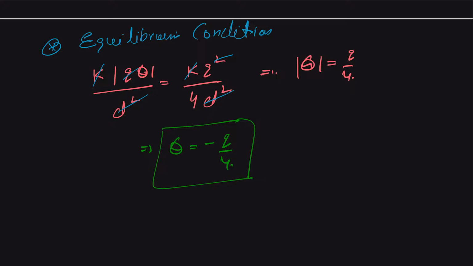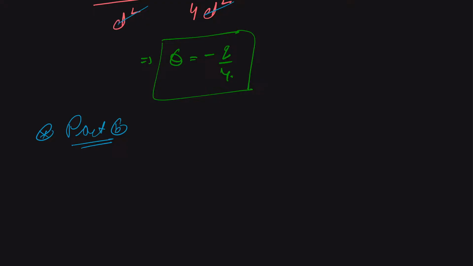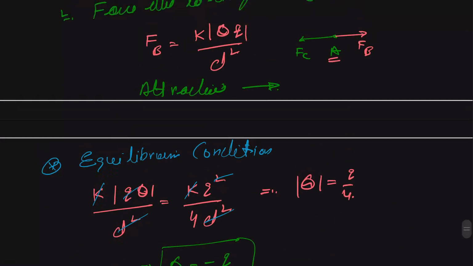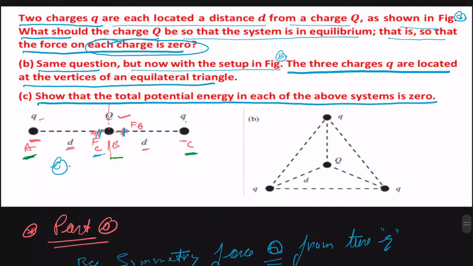And now we come to our part B, where the charges are arranged in the triangle. You can just draw the triangle, and the distance between these is all d.